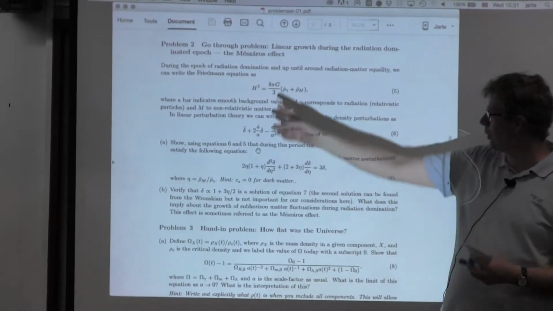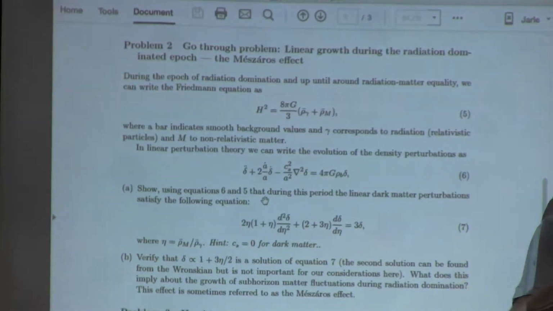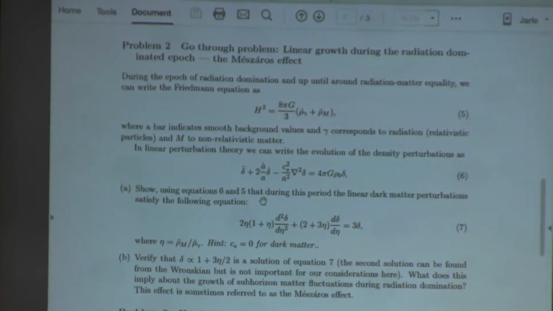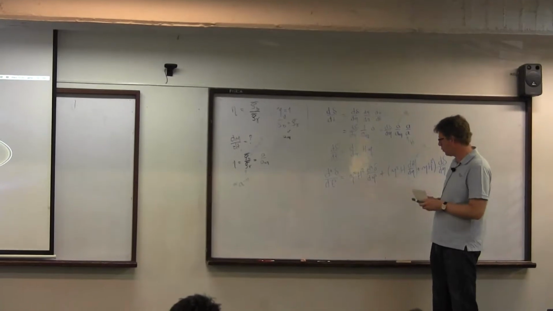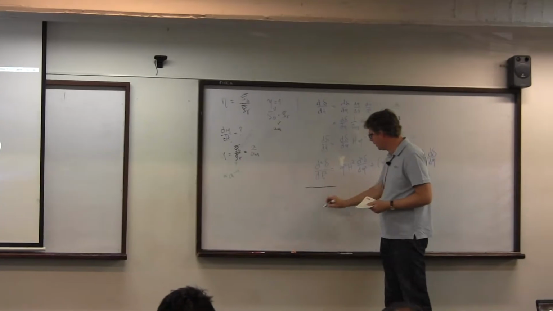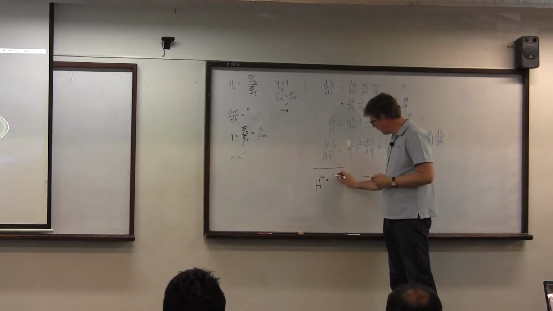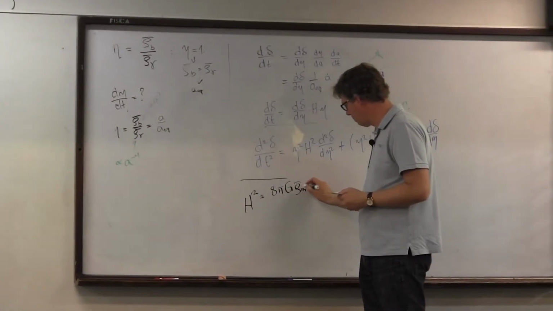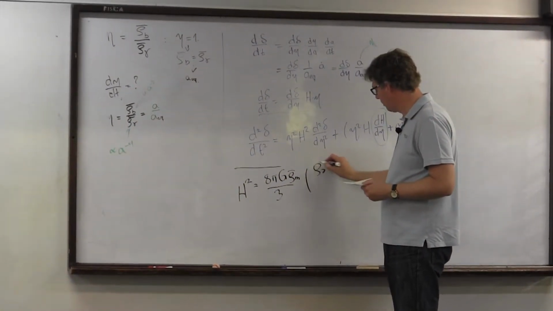So now, what you need is to get this expression, but you want eta in there, okay? Because you need to connect it to all these terms here. So you need to understand what this is. So now you just write it down. This is the next step. You write H squared is 8 pi G rho matter over 3, plus rho gamma.